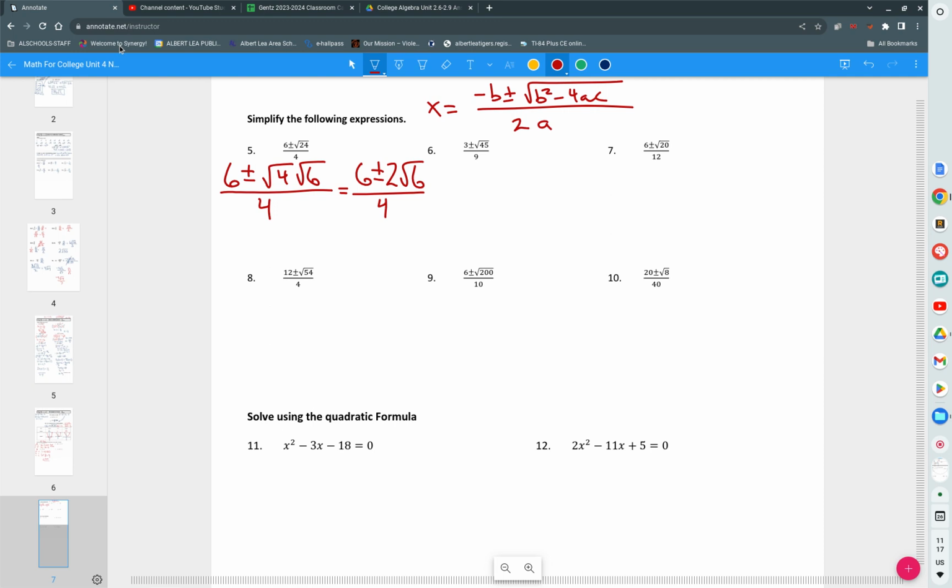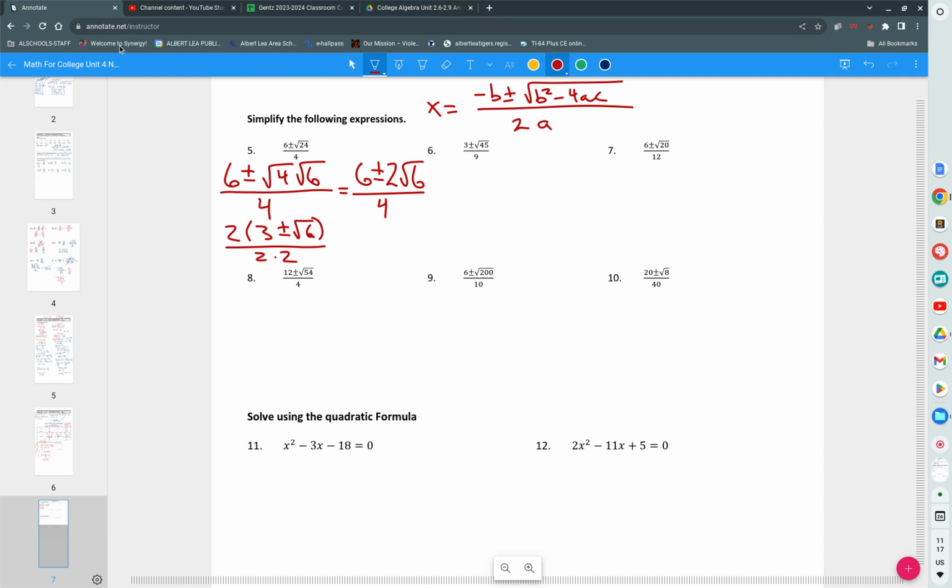Now it turns out that you can reduce that. There's a number that you can factor out of the top that will divide with the number that's a factor of the bottom. If you factor a 2 out of the top, you're left with 3 plus or minus the root of 6 over 2 times 2. What? So I just wrote 4 as 2 times 2.